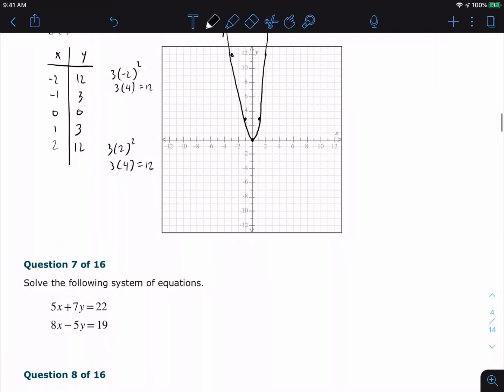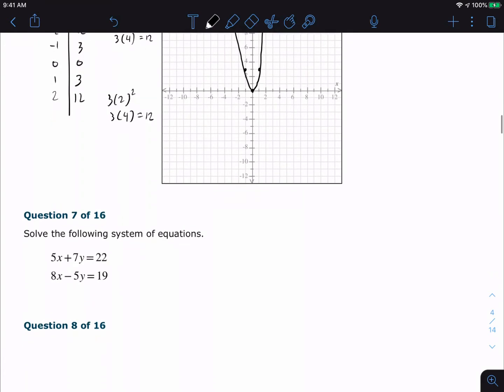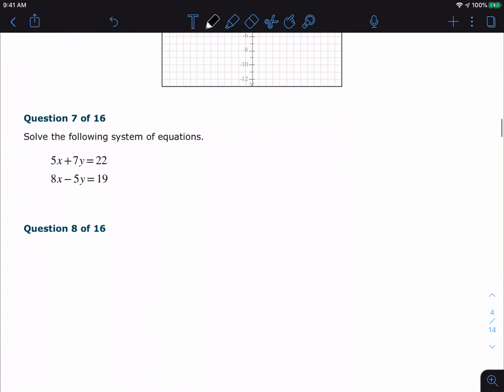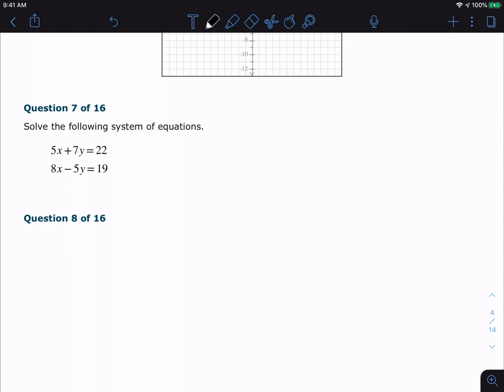Okay, next problem is this guy right here. And this isn't too bad, but this is now going to start to require some work by us. To be able to solve this problem, I'll call this equation number 1 and this equation number 2. And what I'm going to do is see how the y values have different signs.